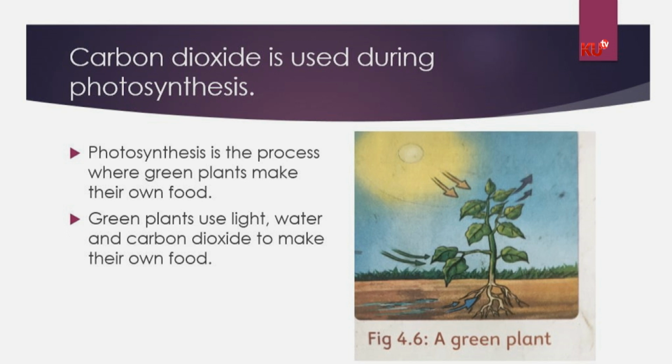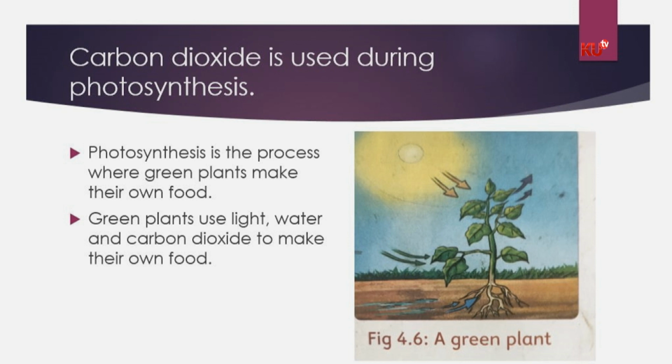And just briefly to mention, how is this food manufactured, or what helps the food to be manufactured? I've said green plants because these green plants contain something called chlorophyll in their leaves.